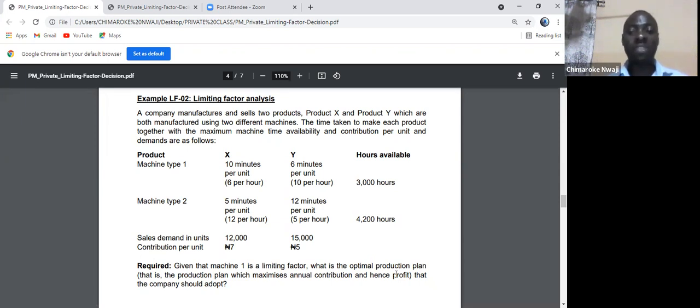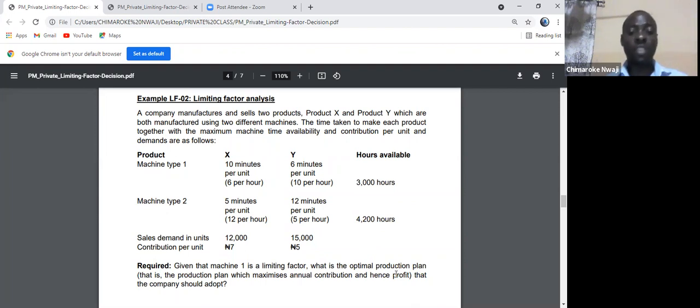Now, can you notice something here? This is the same question we solved in LF01, but there is only one difference between this question number 2 and question number 1. Everything is the same except the last line before the required.